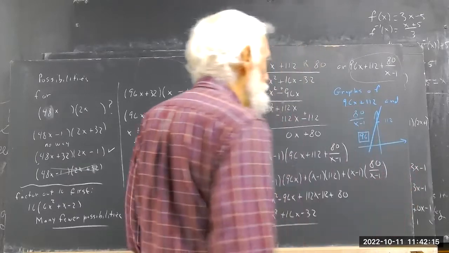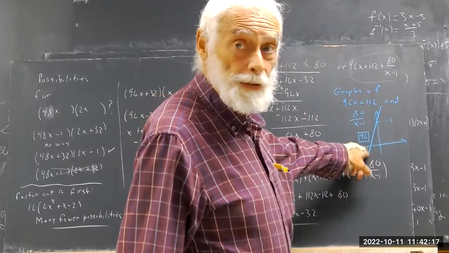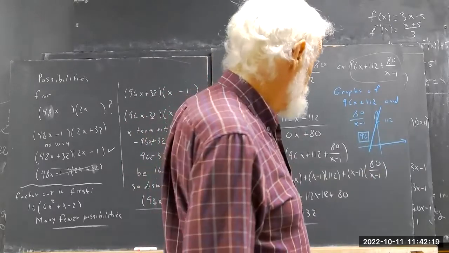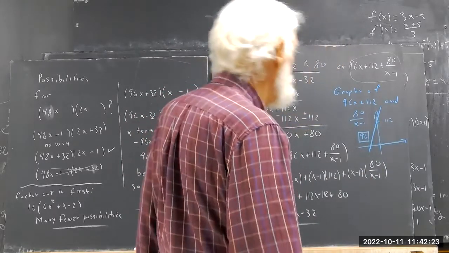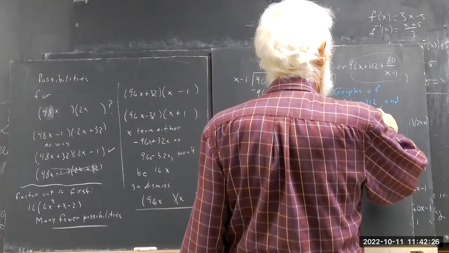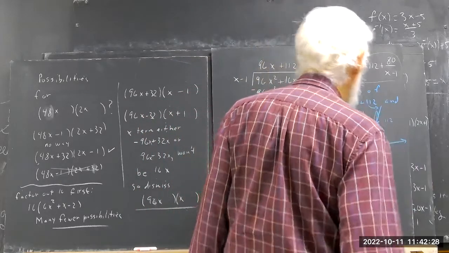Using my convention, I just indicate a slope of 96 with the rectangular box. Okay. So this is the graph of 96x plus 112.